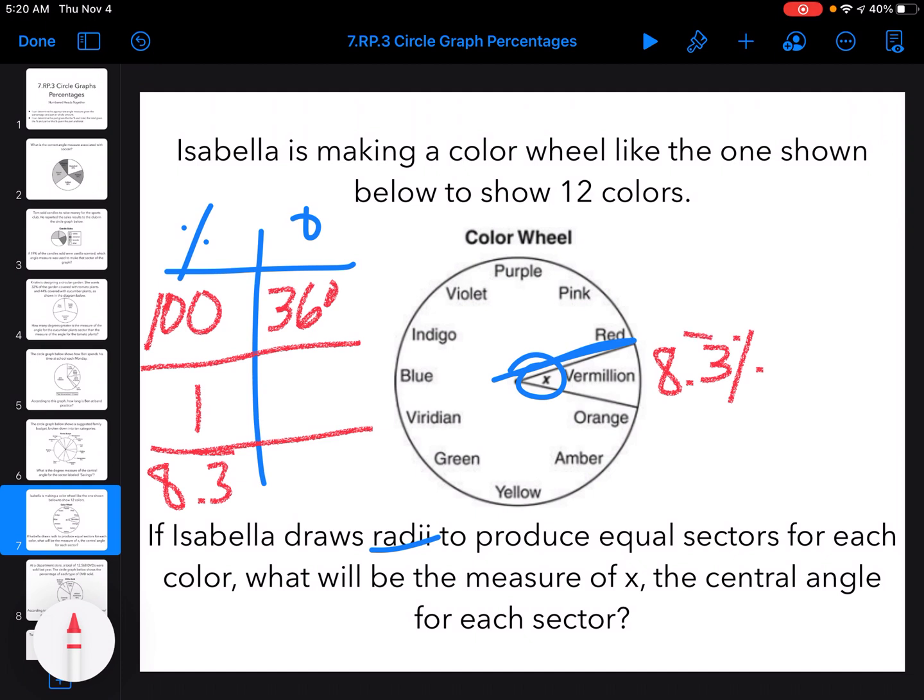I'm not going to clear my calculator. So I'm going to do 8.3% repeating times 3.6. And I get 30. So each one will be a 30-degree angle.